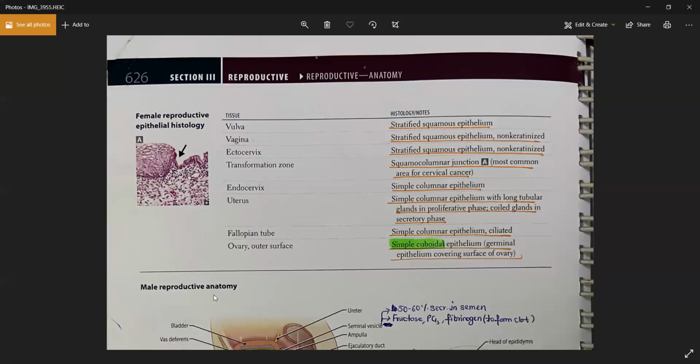See, all the structures, that means the fallopian tube, uterus, cervix, and the inner part of the vagina, are formed by the Mullerian duct, right? And the Mullerian duct always forms columnar epithelium. So in intrauterine life, up to the endovagina, the internal vagina, they all have a columnar layer. But then this columnar epithelium gets replaced by squamous epithelium up to the ectocervix.